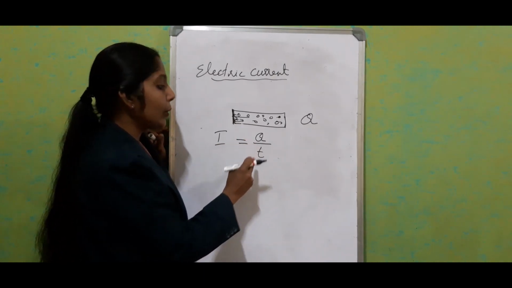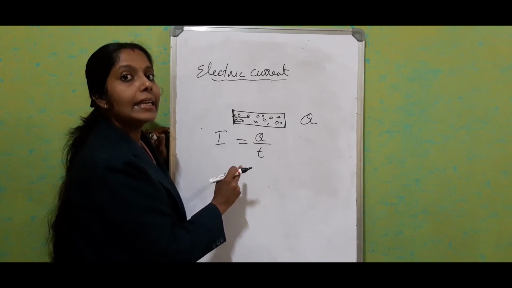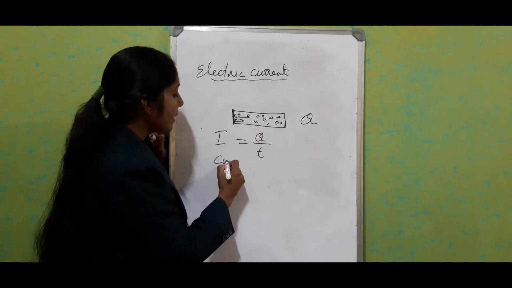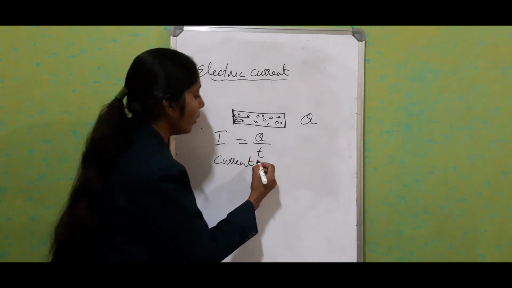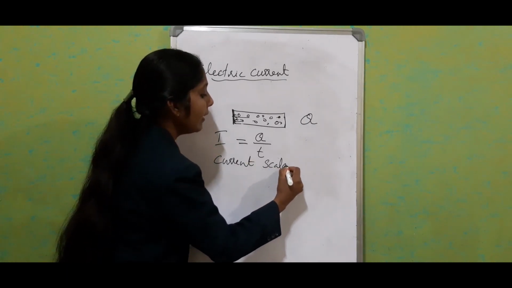I is equal to Q by T. Current is a scalar quantity. It doesn't have any particular direction.